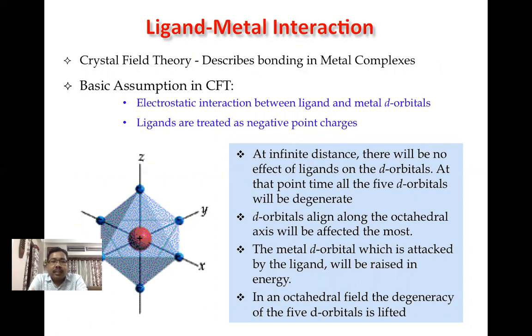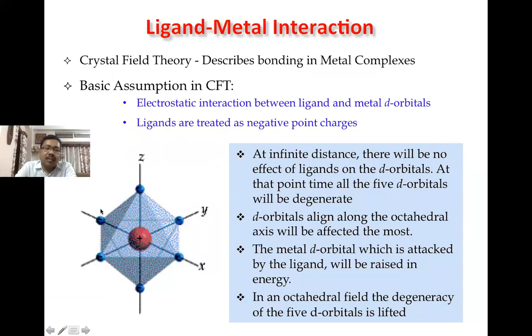It is basically, as I have already mentioned, the electrostatic interaction between the ligand and the metal d orbitals. And the most important thing is that the ligands involved in these coordination complexes are treated as negative point charges. Further, it should be noted that when the ligands are at infinite distance from the metal center, there will be no effect of ligands on the d orbitals.